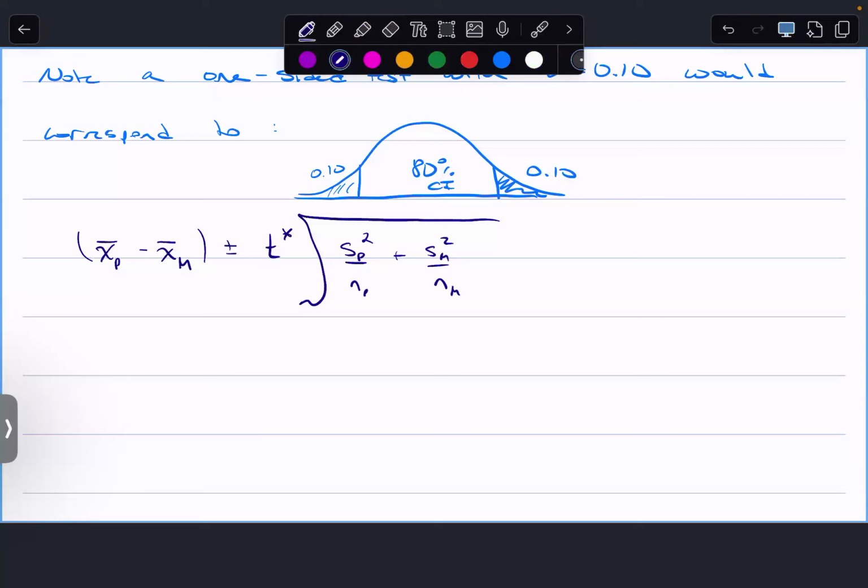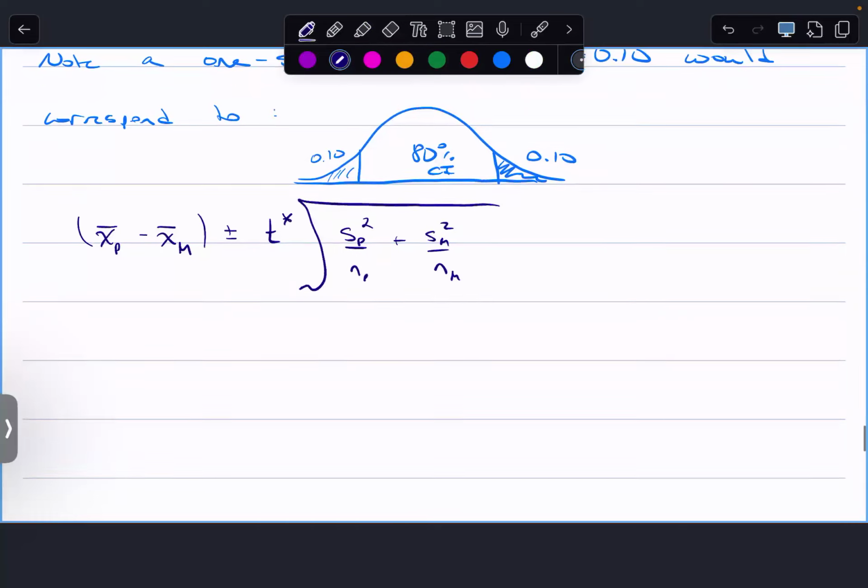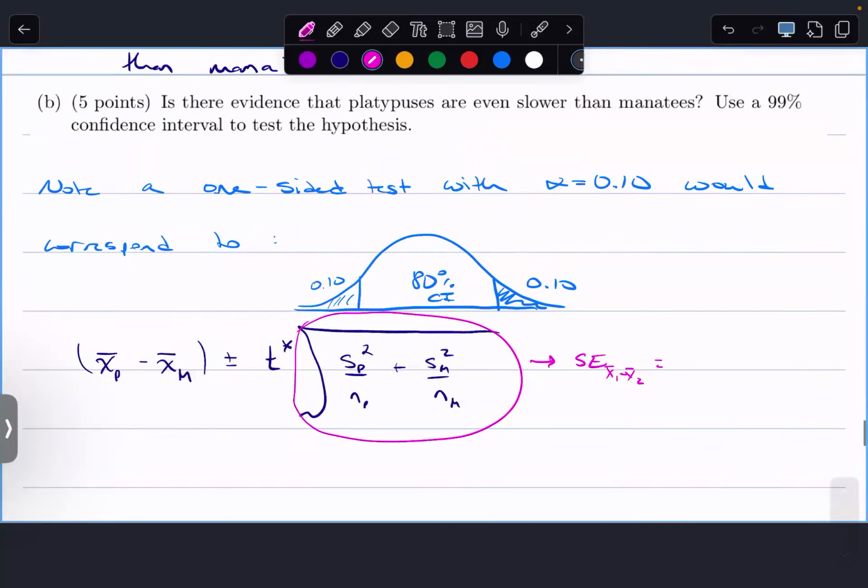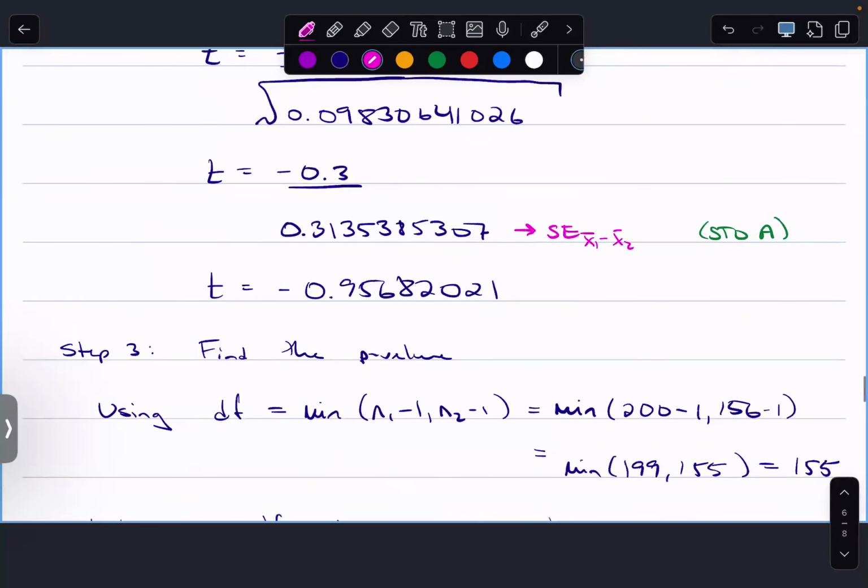But we already found this. This is the standard error of x1 bar minus x2 bar, which is, what was it? 0.313538. I stored it in A.